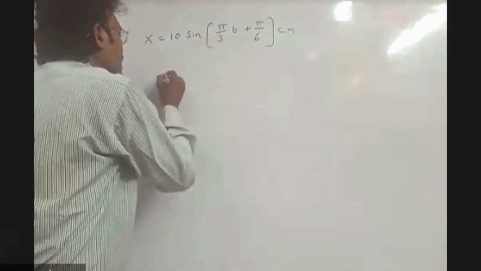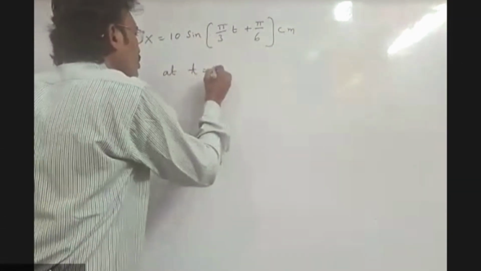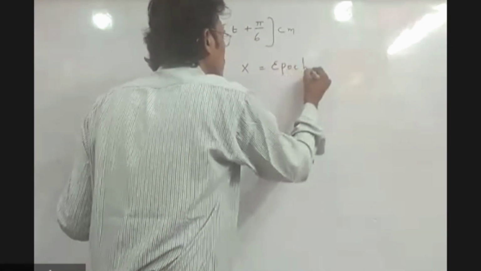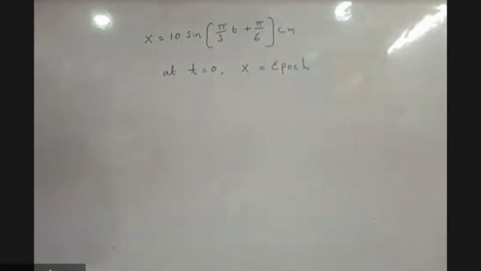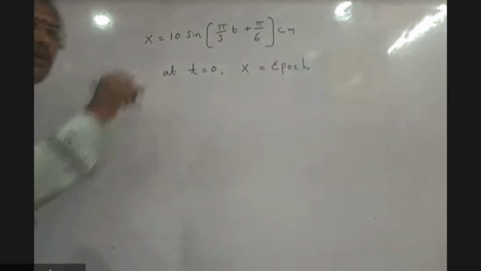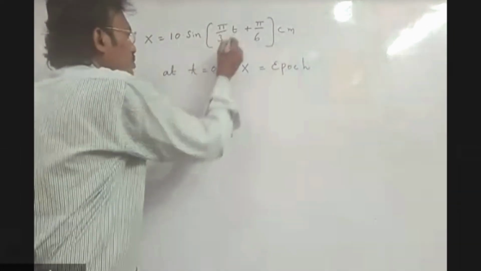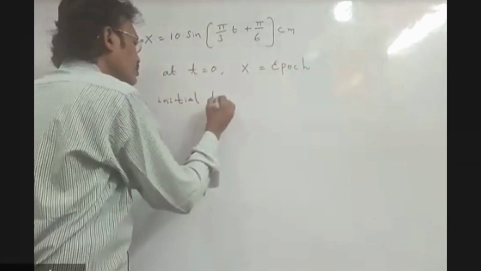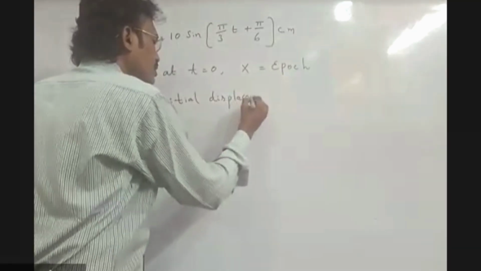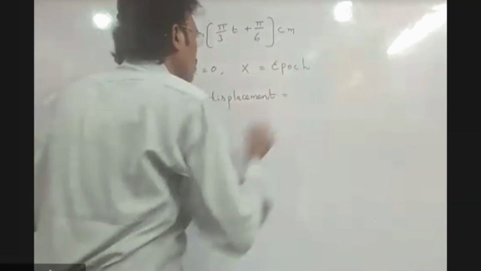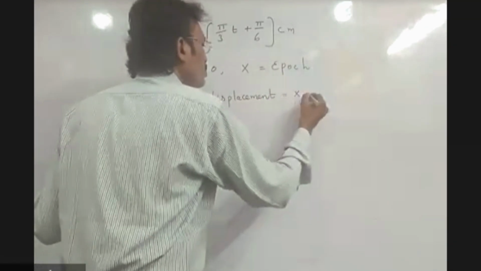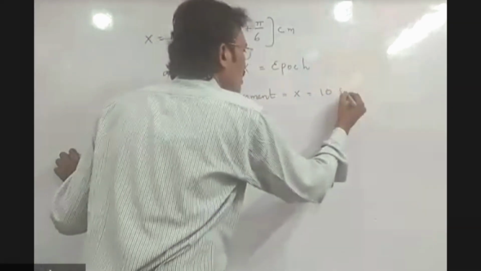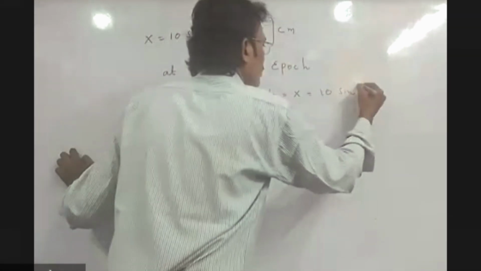At time t equal to 0, whatever the displacement is, that is called epoch, and that itself is called the initial displacement. Put t equal to 0, and this term becomes 0. So x is equal to 10 sin pi by 6.